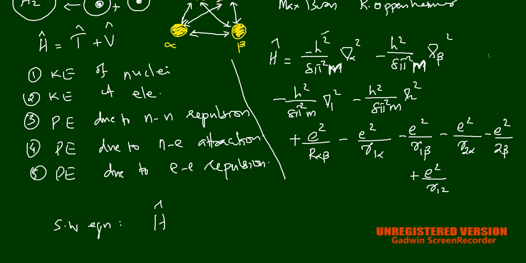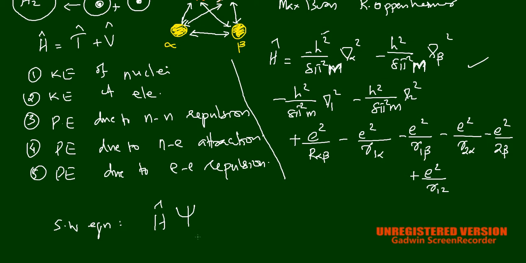This is the Hamiltonian, the long expression H cap psi, where psi is a wave function, and psi depends upon both the position coordinates of the nucleus and the electron, right?